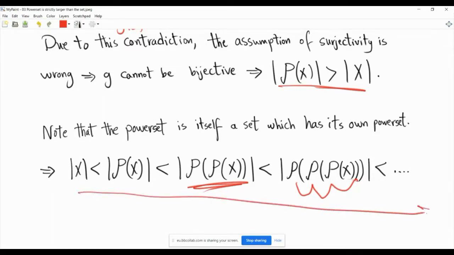And we have all those inequalities. The power set of X has strictly more elements than X, and the power set of the power set has strictly more elements than the power set, and so on and so forth. So we have an infinite number of infinities. Infinite sets do not come in one size. There is a hierarchy of infinite sizes.